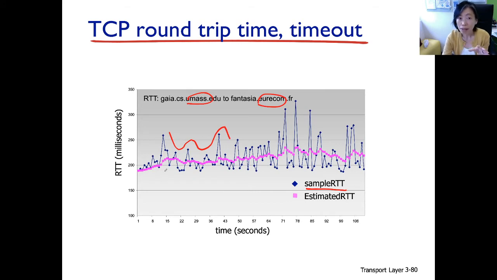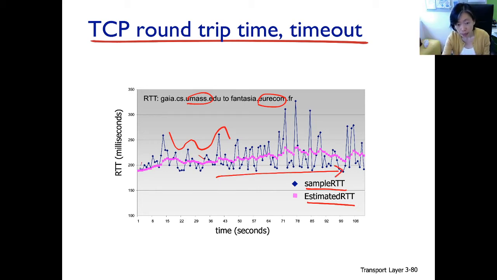The pink one is the estimated RTT, the smooth, average RTT over time. So although the blue one fluctuates a lot, the pink one is relatively smooth. And you see also that generally as time goes along, the round trip time tends to be longer.